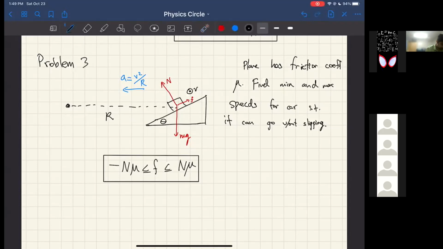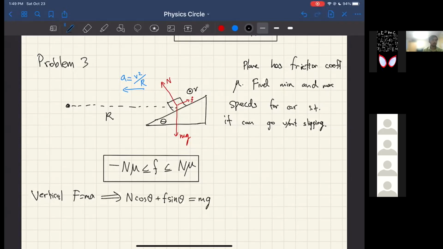All right. So now the vertical F equals ma equation tells us that n cosine theta plus f sine theta equals mg. Is that clear?